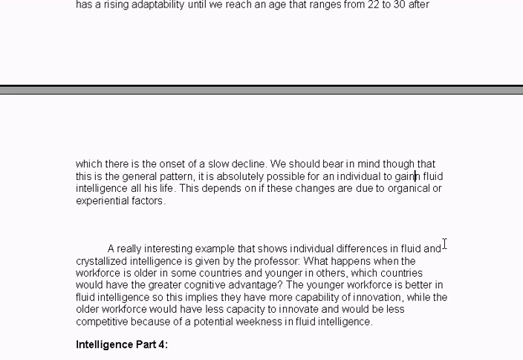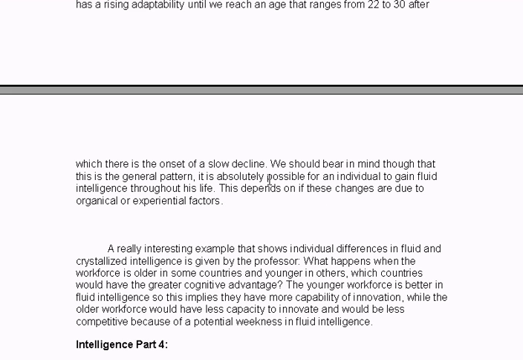To gain fluid intelligence throughout his life. Okay, we should bear in mind that this is the general pattern.